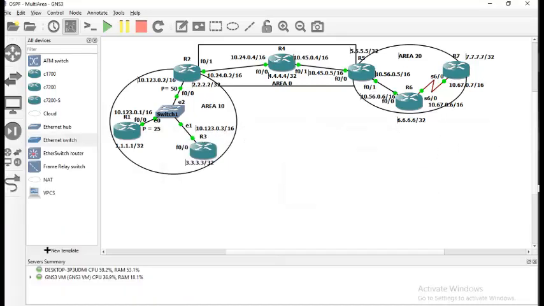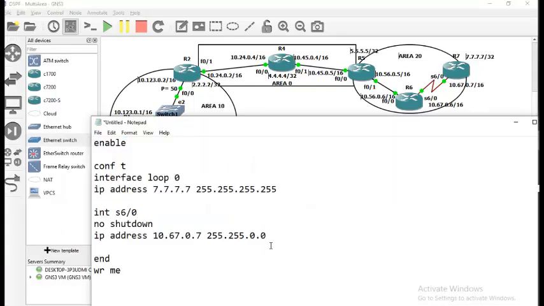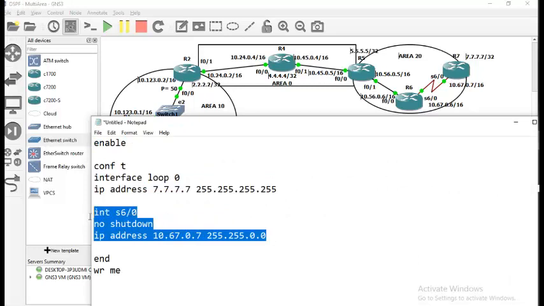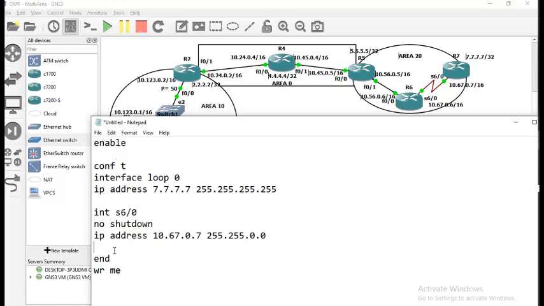Now with your configuration, I'm going to do another router. Maybe I'll do router 2. Or I'll finish router 6. Router 6 also got serial interface. And then FastEthernet.